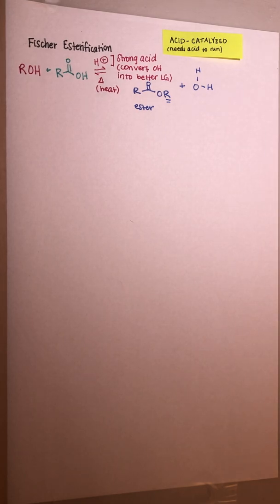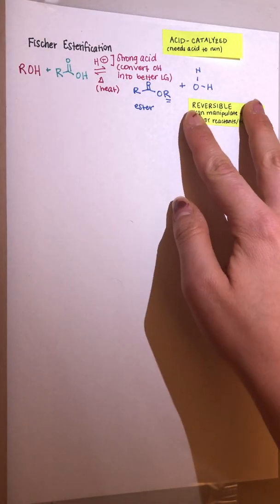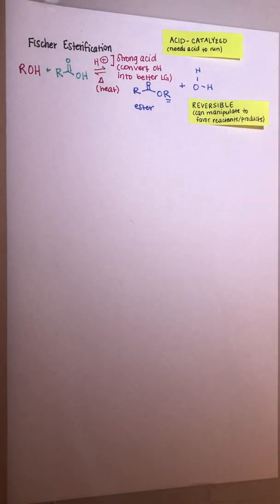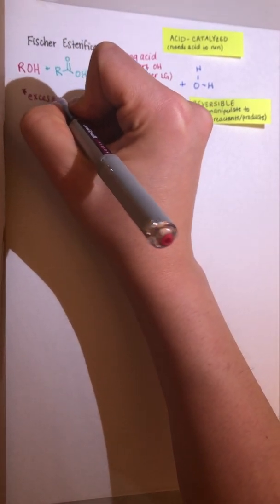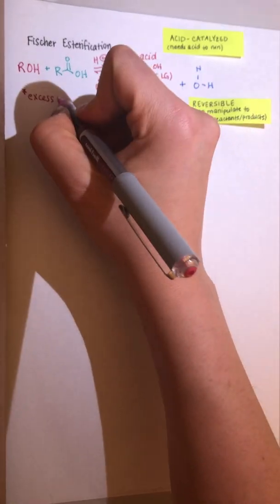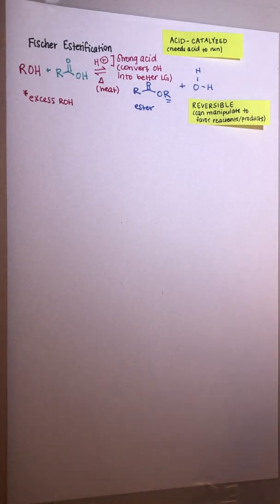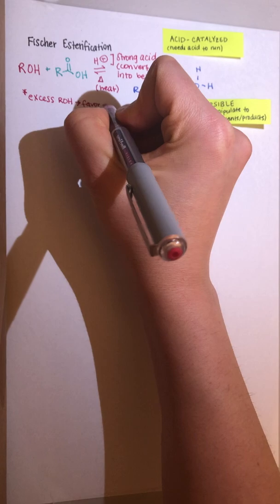And you also need to know that Fischer esterification is reversible. This means that you can manipulate the reaction to favor either the reactants or the products. So what I mean by that is, if you have excess of, let's start with excess of the alcohol, right? So excess of the alcohol means that you're going to favor the ester formation.